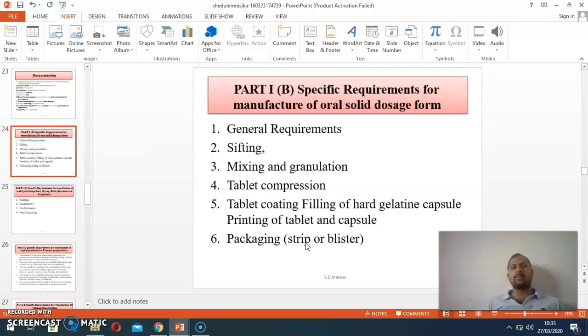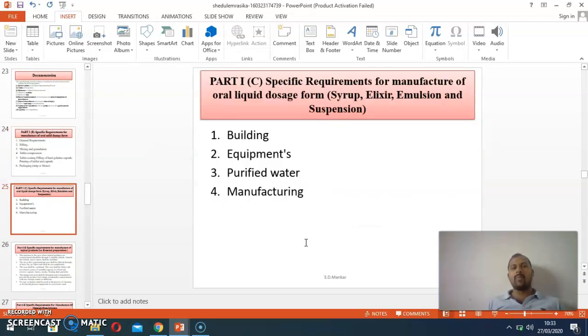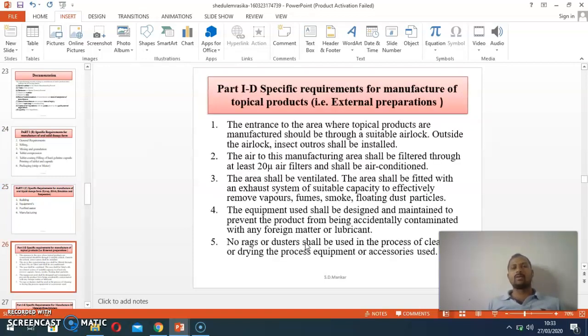According to part 1C, that is for disperse systems, there are requirements for building, equipment and purified water. According to this, for external preparations like semi-solids, the entrance to the area where the topical products are manufactured should be through a suitable airlock. Outside the airlock, insect killers shall be installed.